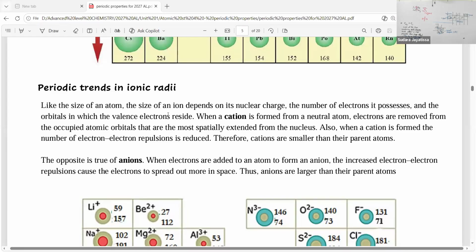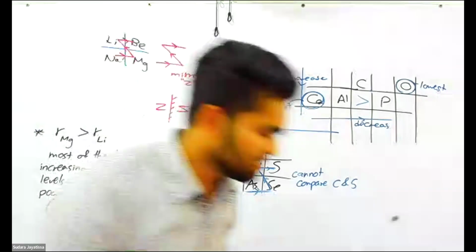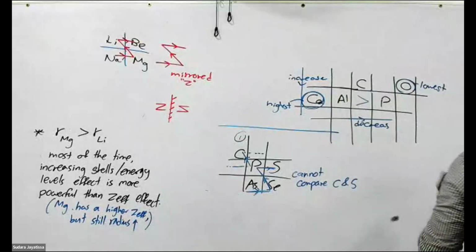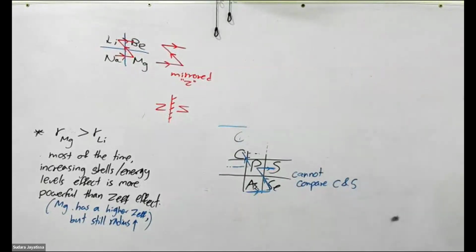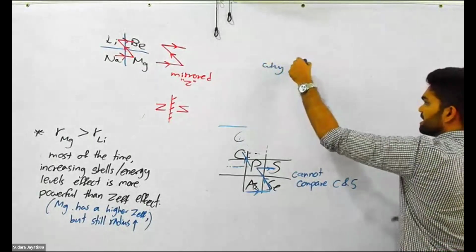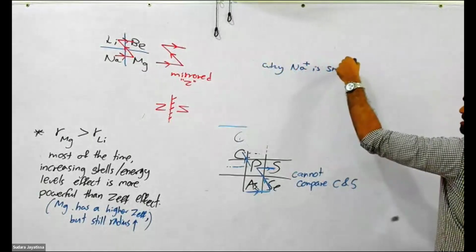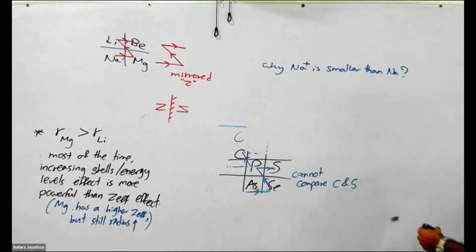Okay. So we will put two examples. You need to understand it carefully, otherwise it will be complicated unnecessarily. I'll ask two simple questions. The first is why Na+ is smaller than Na. If I ask that question, what should your answer be?